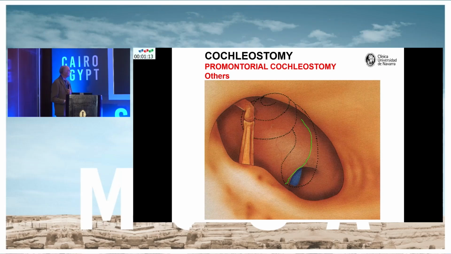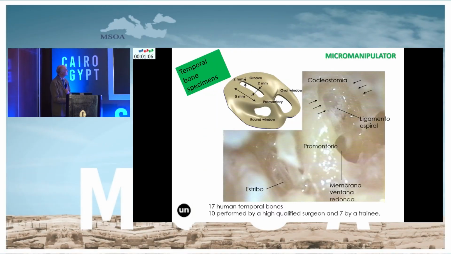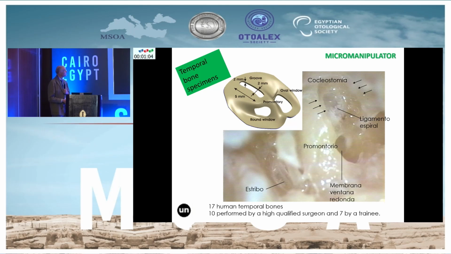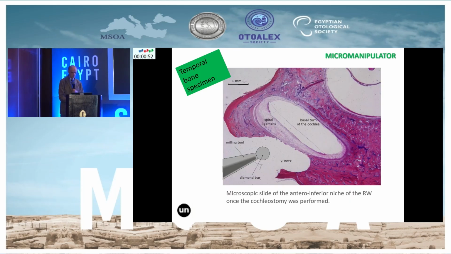We will have ossification in the long term. And promontorial cochleostomy, well, this is the area, so we can perform this kind of drilling just to expose the spiral ligament. Maybe it's necessary in some cases for the future when we need to approach this area of the cochlea.